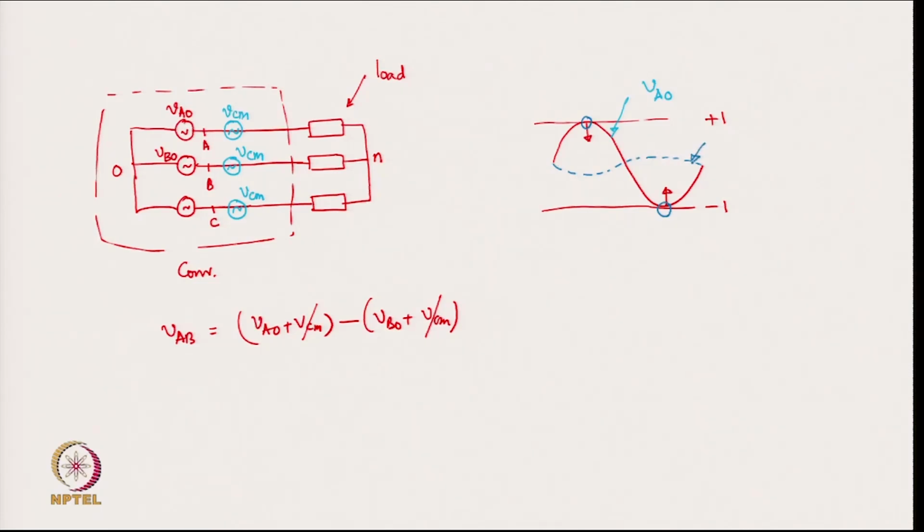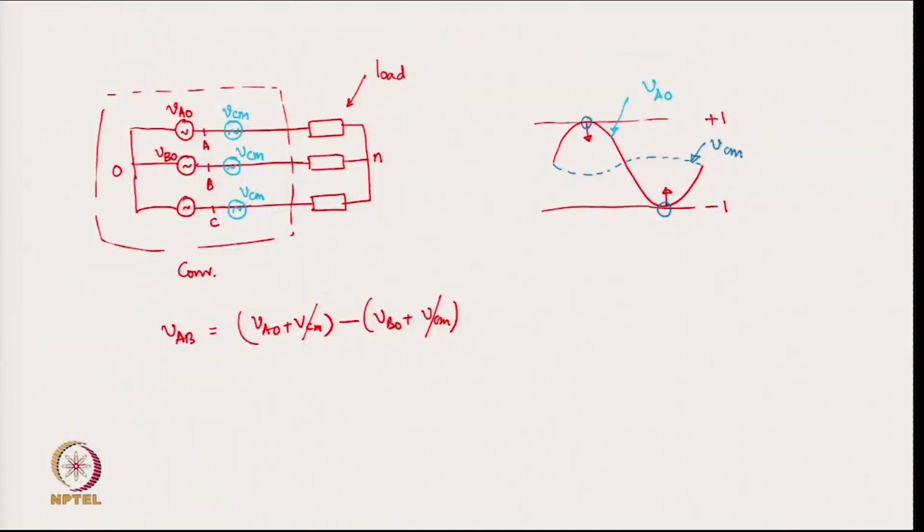although this waveform, whatever we have added, will push down the A phase waveform from its peak, for the other 2 phases, B phase and C phase, which are somewhere here and here, this VCM is going to push them up.